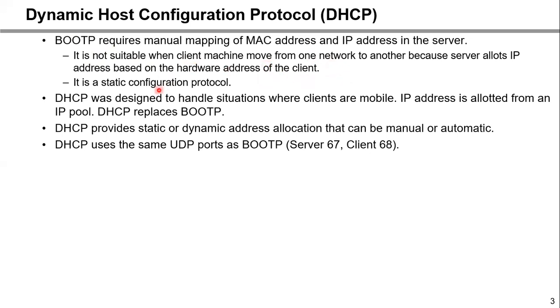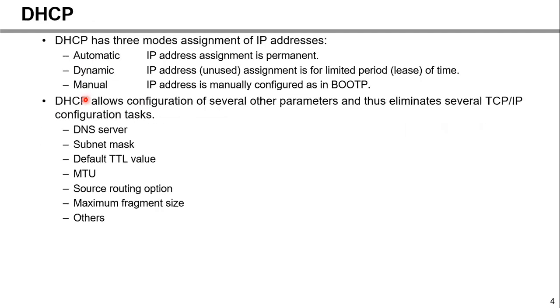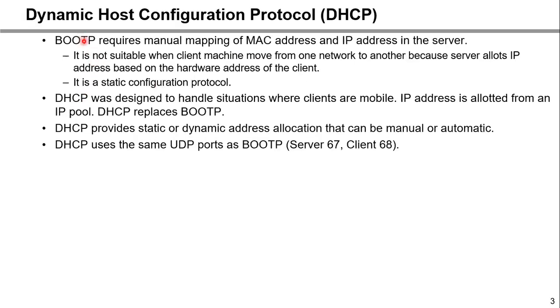There were many problems. That's why DHCP was introduced, to overcome all the problems that bootp has. Basically, bootp and DHCP do the same thing. DHCP is the modification of bootp. Basically, bootp uses only manual mapping.